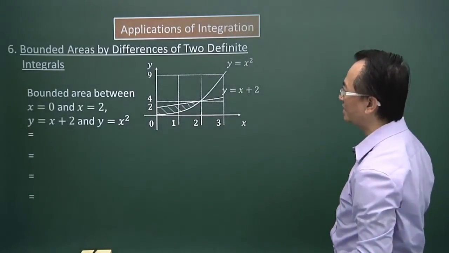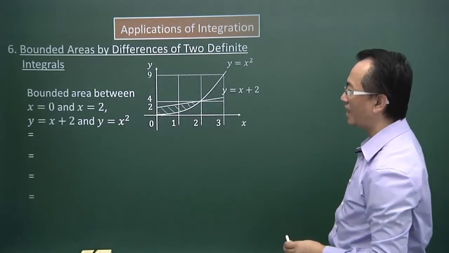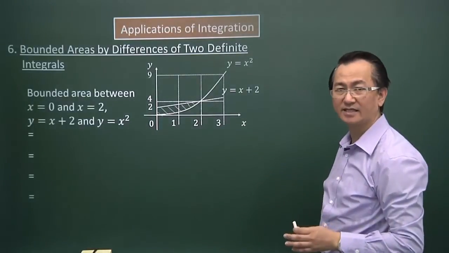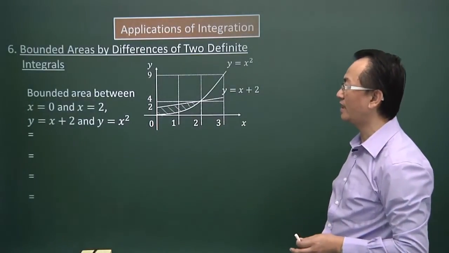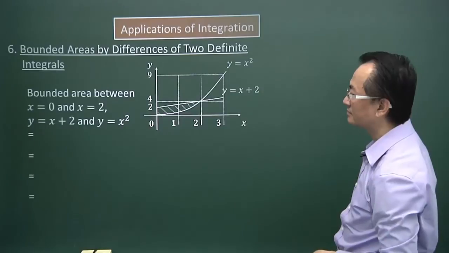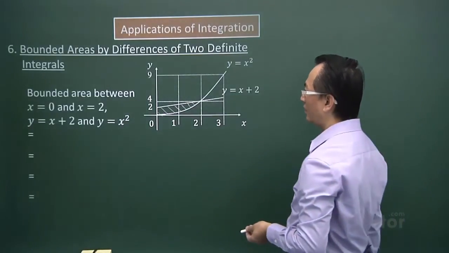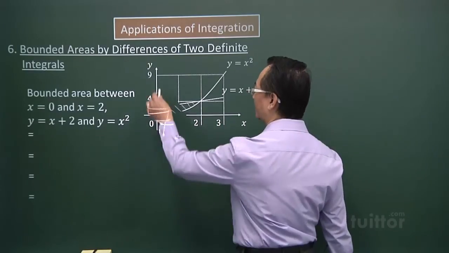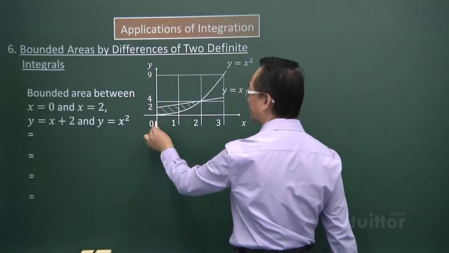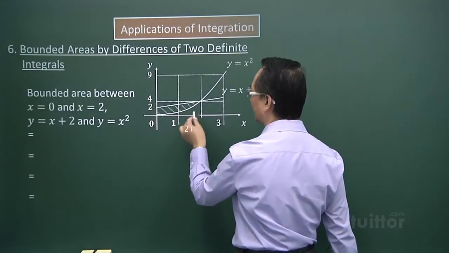So this area is bounded by the straight line and the curve and the y-axis. Or we can also say for the y-axis, x equal to 0.